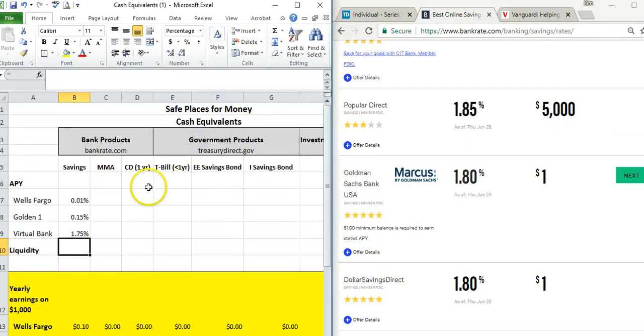I'm going to go back over here because we have money market accounts, and I think the money market account at Wells Fargo is 0.3. So there's 30 cents, and it has even more restrictions. I can't remember what Golden One is, but let's say it's 0.3. I'll be generous.